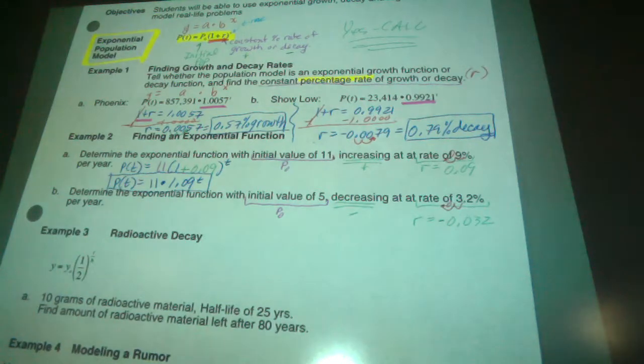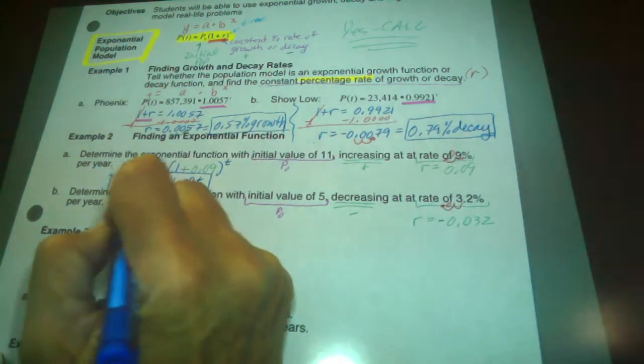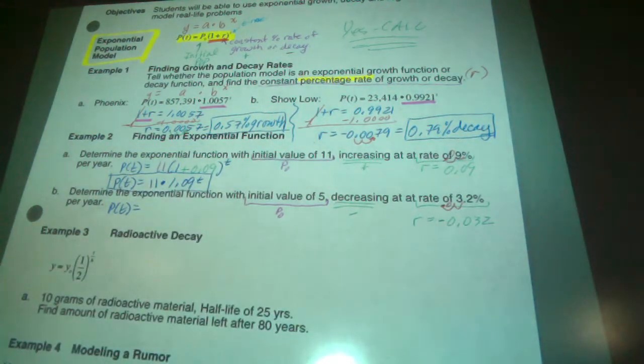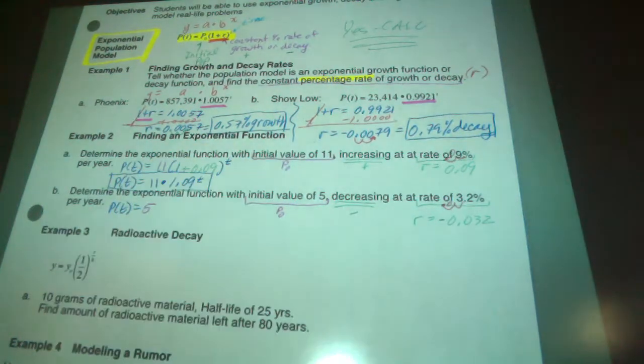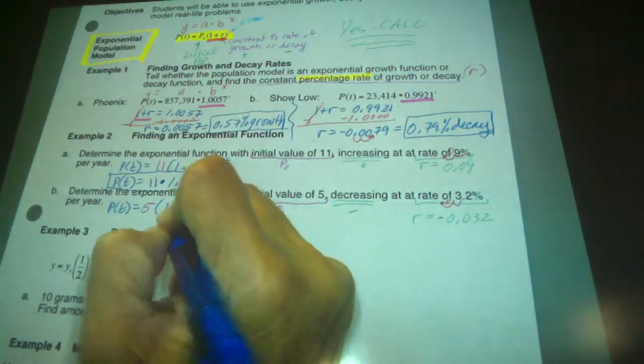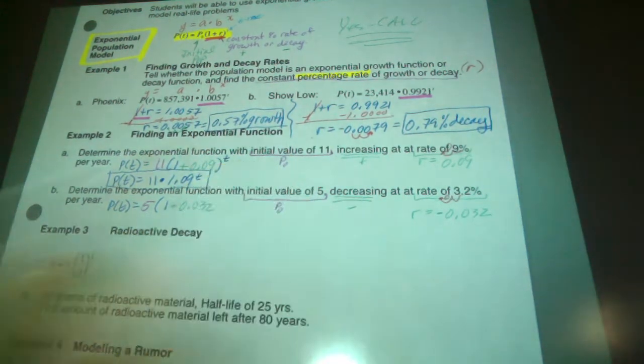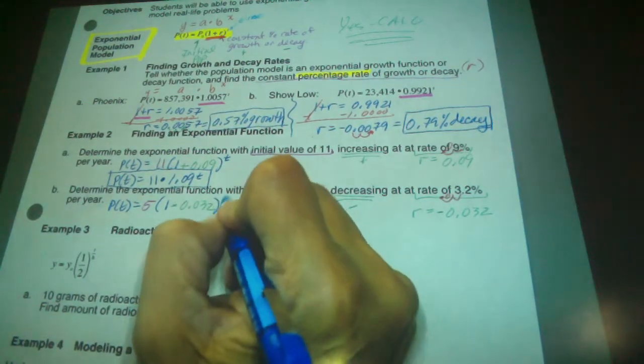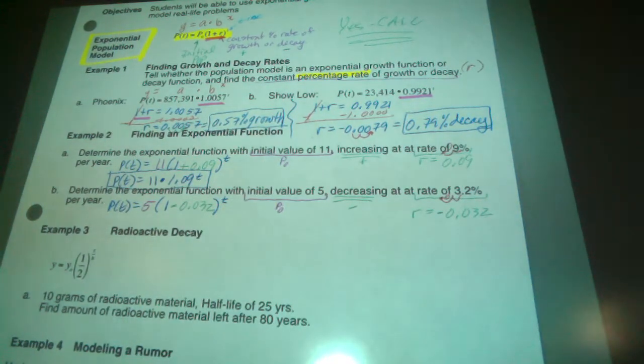So when I put it into P of T, I get my 5, parentheses, 1, but minus this time, 0.032, raised to the T. So again, I'm happy with that answer. It doesn't bother me.